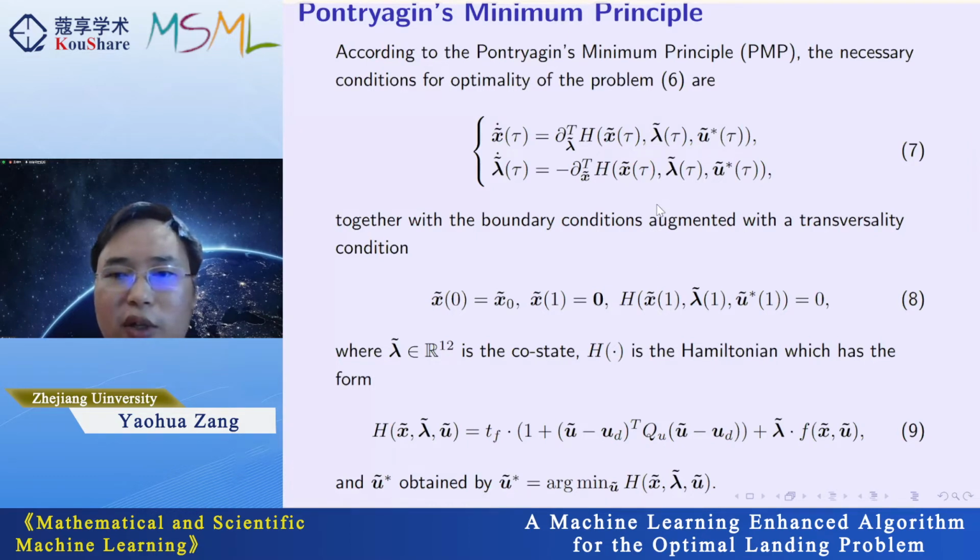In the ordinary differential equation 7, the optimal control u tilde star can be obtained by minimizing the Hamiltonian with respect to u tilde.